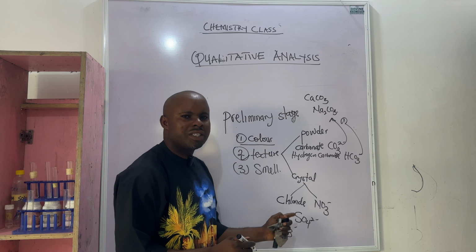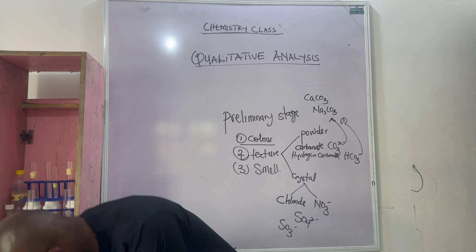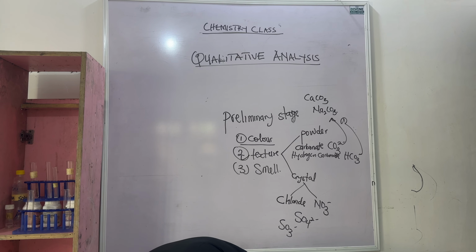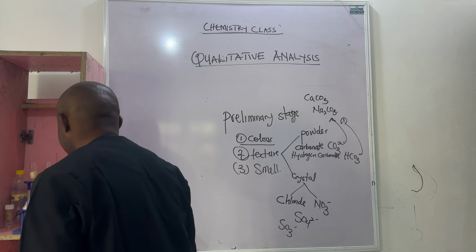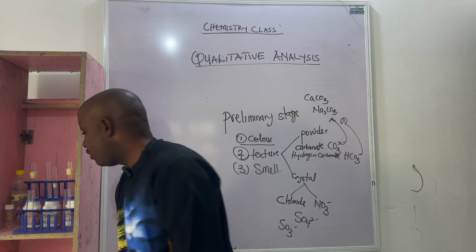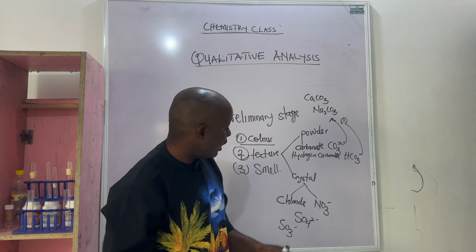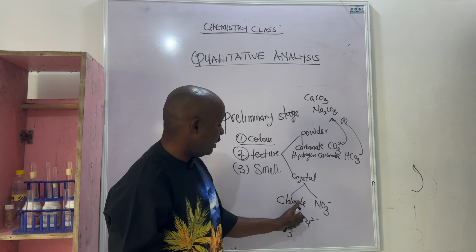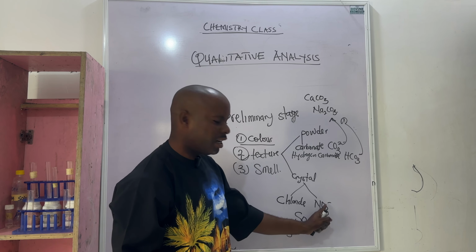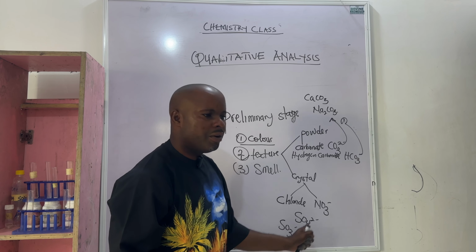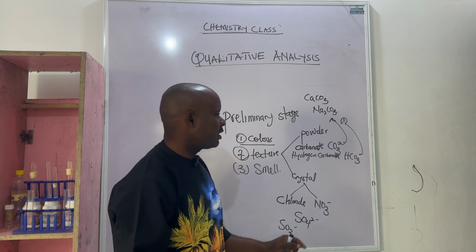As I have said, the chloride family, the nitrates, like sodium nitrate, and the sulfates, like barium sulfate, are in the form of crystal most of the time.